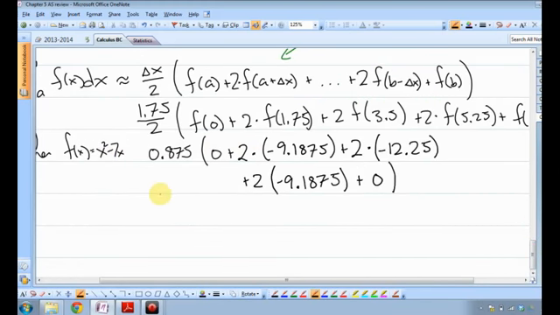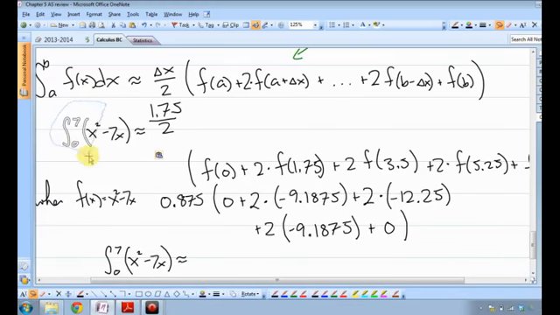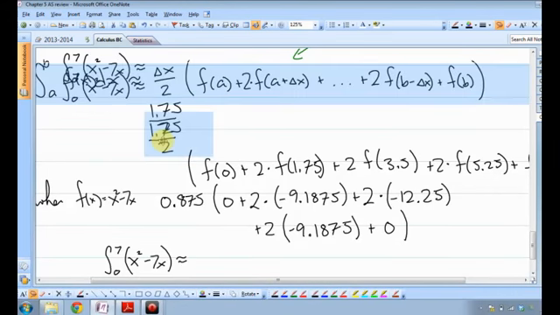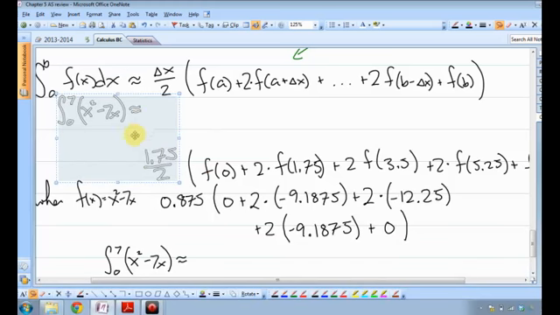Okay, and when we compute all that together, what is this approximately equal to? Negative 10.